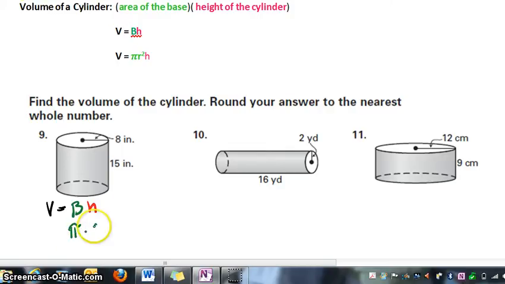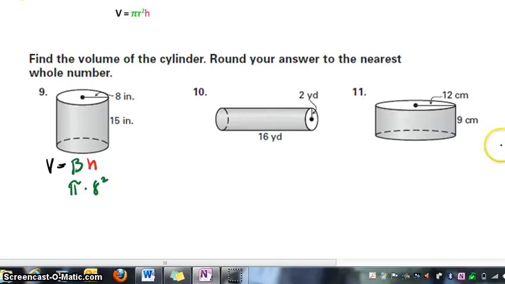Pi times 8 squared. And I'm going to keep pi in there, so we get 64 pi. And then we're going to multiply that times the height of the cylinder, which is 15. So let's see what that is. 64 times 15 times pi.